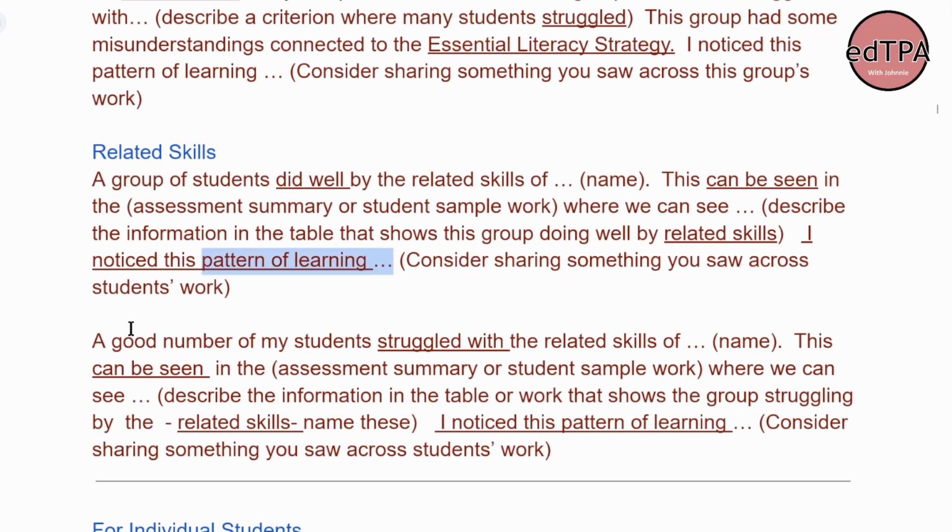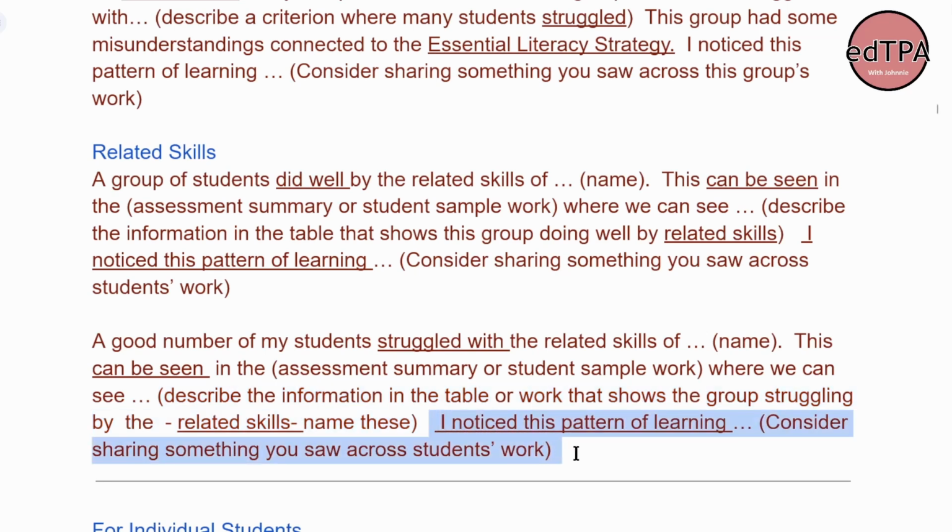For related skills, a good number of my students struggle with the related skills of, name these. This can be seen in the assessment summary or again student sample work, where we can see, describe the information in the table or work that shows the group struggling by the, and describe the related skills. I noticed this pattern of learning.